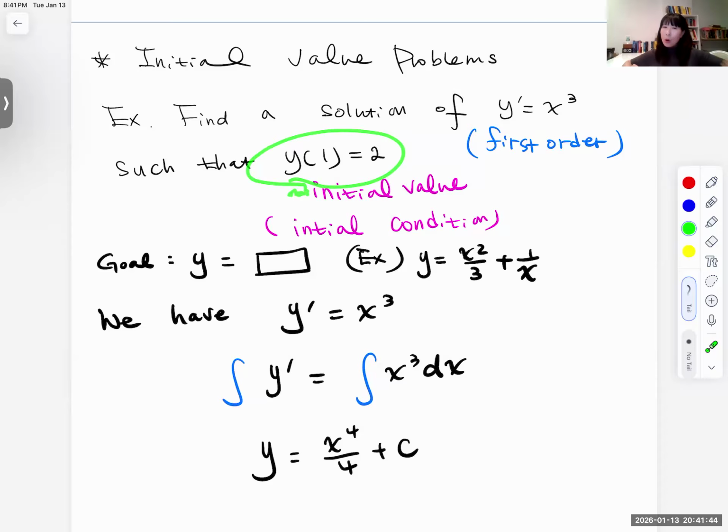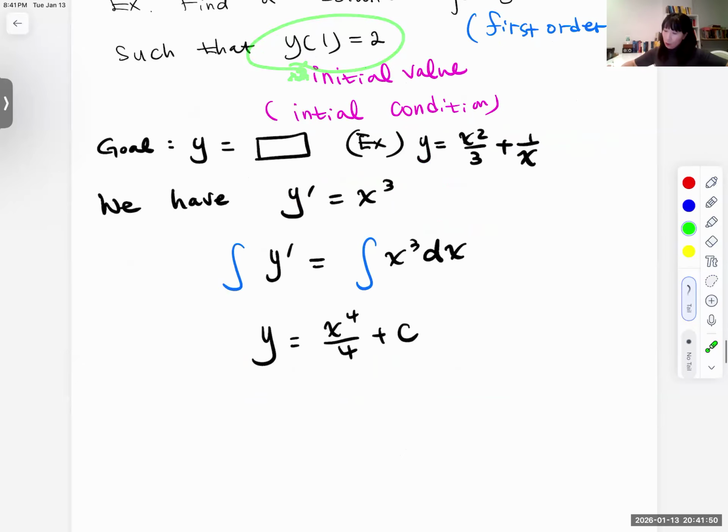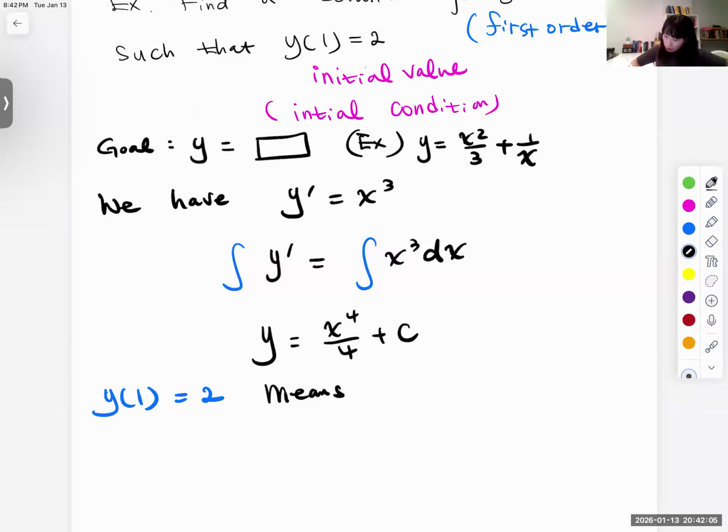Okay. So y of 1 equal to 2. Not y over, but y of 1 equal to 2 means x equal to 1. So there is x.